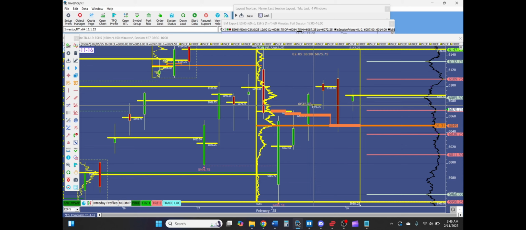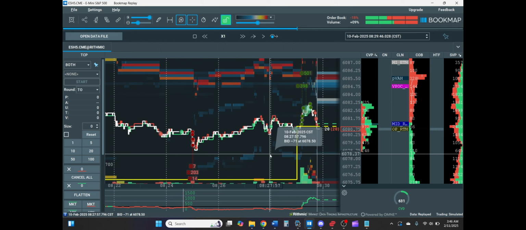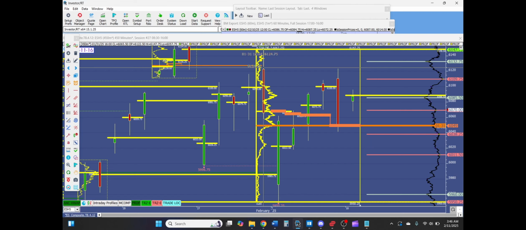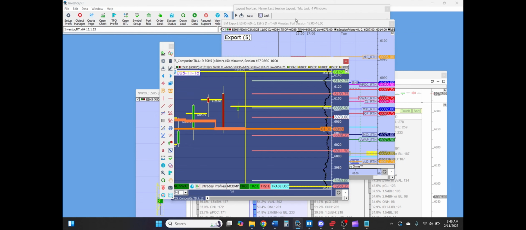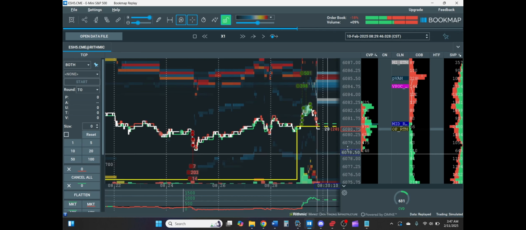So I have all these labeled on my Bookmap, which is this, and this is the cloud nuts I was talking about. So if we look at this, this is where all these levels for the ETH and RTH are going to be sent and labeled here.